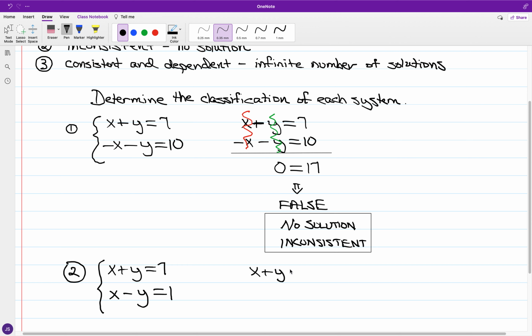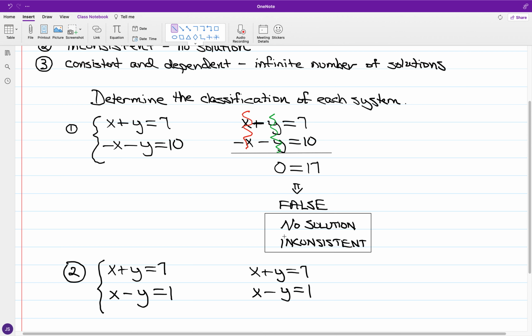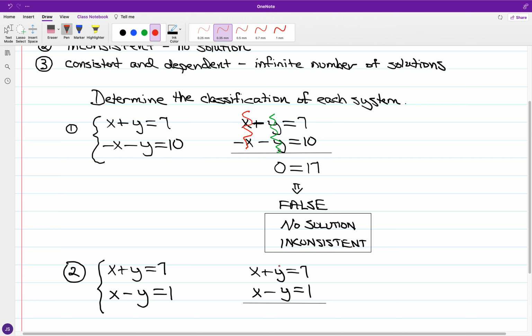So you have x plus y is equal to 7, and x minus y is equal to 1. If we apply the addition method, only the y terms will cancel.